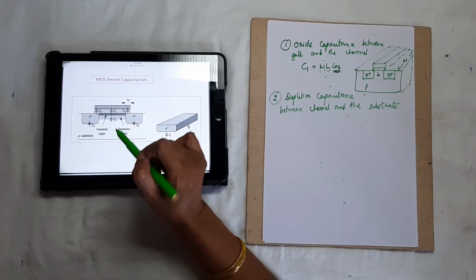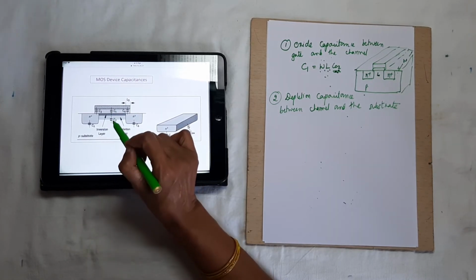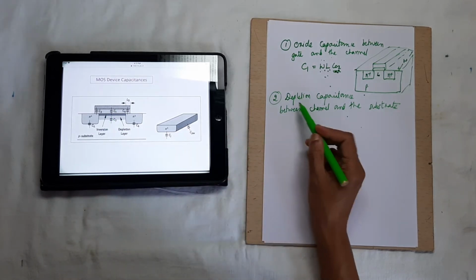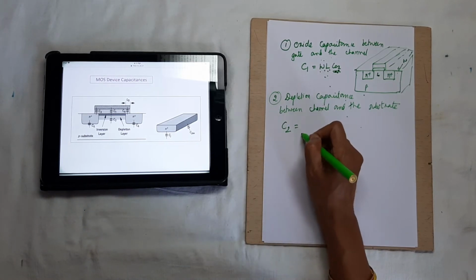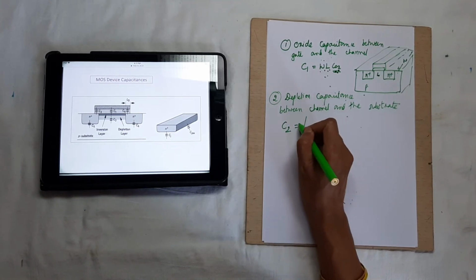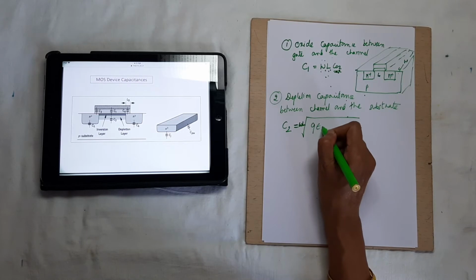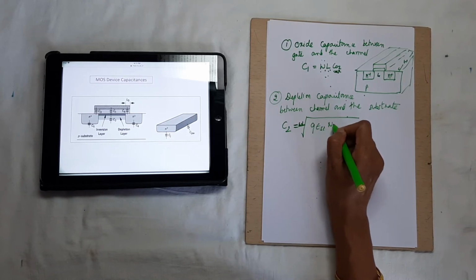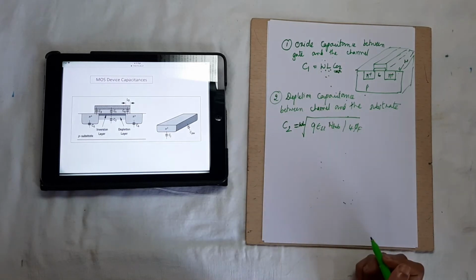This is a conducting layer and the substrate is a conducting layer. The depletion layer acts as an oxide. Therefore, this C2 represents the depletion capacitance, and that can be given as C2 is equal to W into L square root of q epsilon Si N sub divided by 4 phi f.